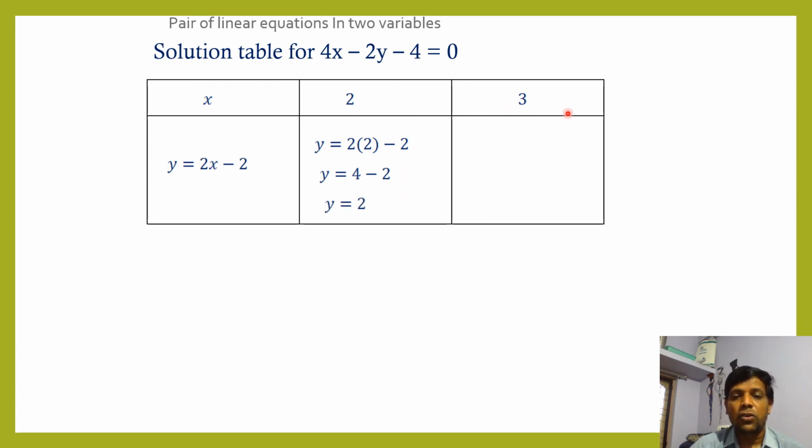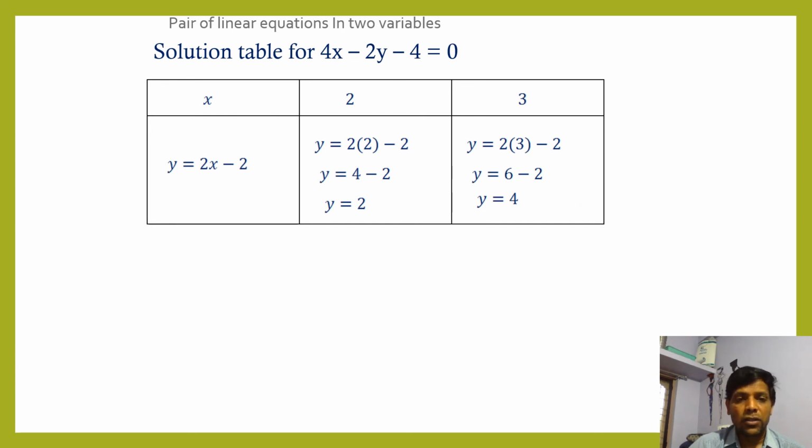Second value, x equals 3. Find the y value. y equals 2x minus 2, which is 2 into 3 minus 2, 6 minus 2, so y equals 4. Clear?